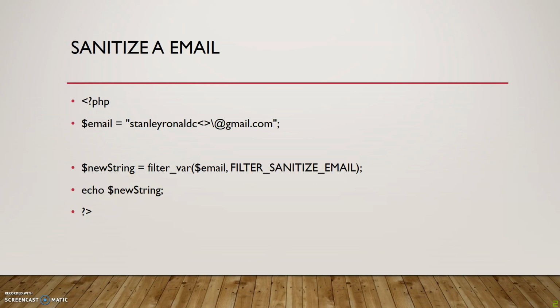All right, we're going to sanitize the email here. The email variable is equal to stanleyronaldc@gmail.com, but with these extra characters. And remember, these characters weren't ones that could be used, if you refer to that.